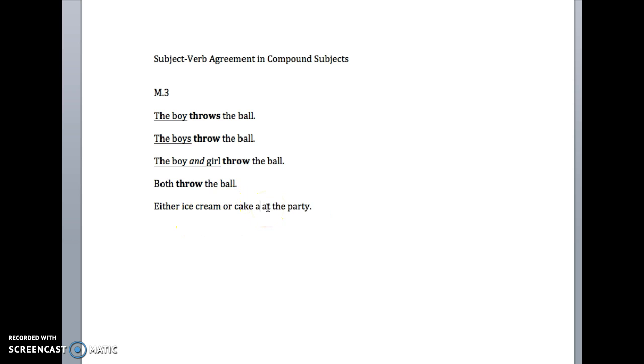So the question is, should we use are at the party? Or is at the party? So in this example, we're using a different conjunction. We're using or. And that changes things because now we're not saying both are at the party. We're saying one of them. And so in this example, you wouldn't say one are at the party. You'd say one is at the party, right?